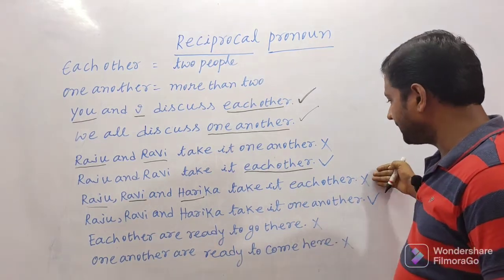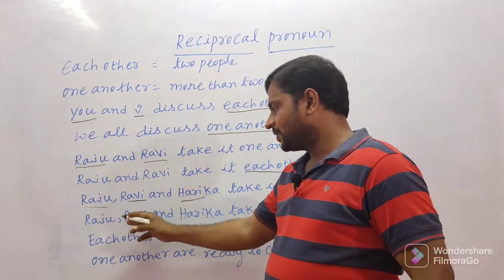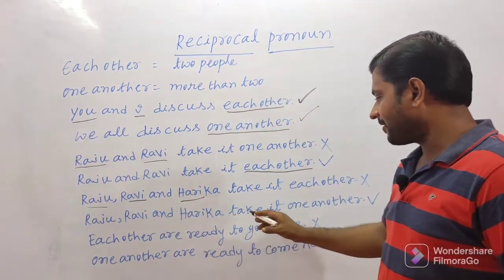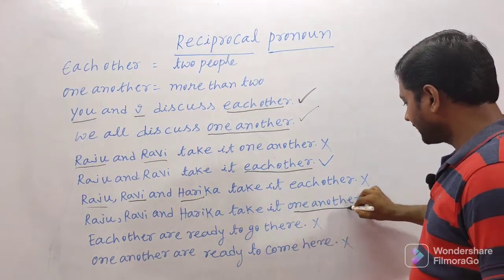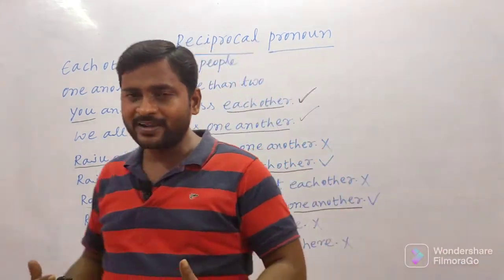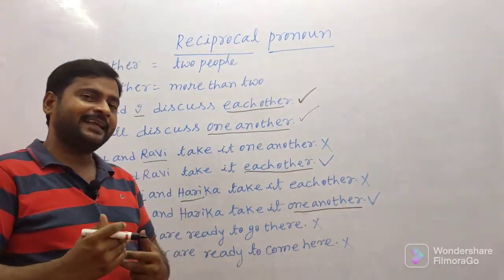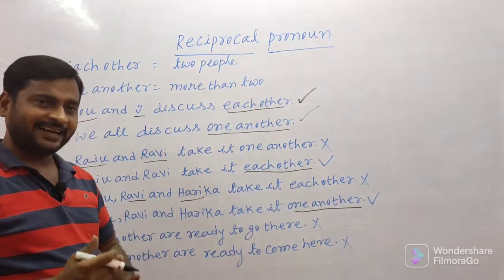That's why it is grammatically wrong usage. How do you say that one? Raju, Ravi and Harika take it one another. Why is one another right? Because Raju, Ravi and Harika indicate more than two people. That's why one another is the right answer.